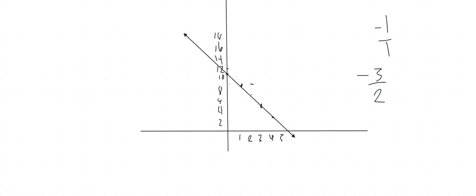Let's see, I was in 12. So 10, 8, and then 3, 1, 2. So this is 1, 2, 3, 1, 2. Oh, right here.